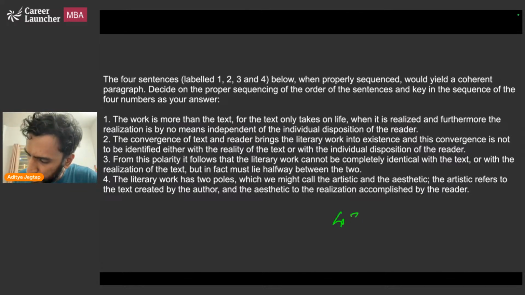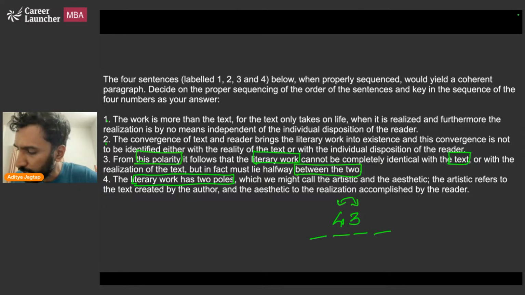So 4-3 would be the first pair, right? And 4-3 tells us that literary work has two poles, and this polarity, it follows that literary work is not just the text, it's between the text and reader. So these two are connected in a certain way. We don't see any sentence, one or two, getting between these two sentences.